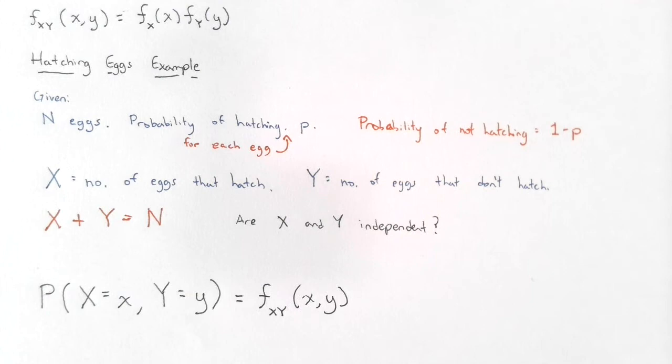All we know is that X describes, and let me start using a little more statistical jargon here, the number of successes in a series of trials, and Y describes the number of failures in a series of trials. I'm using those words on purpose to see if they can remind you of some important distributions.